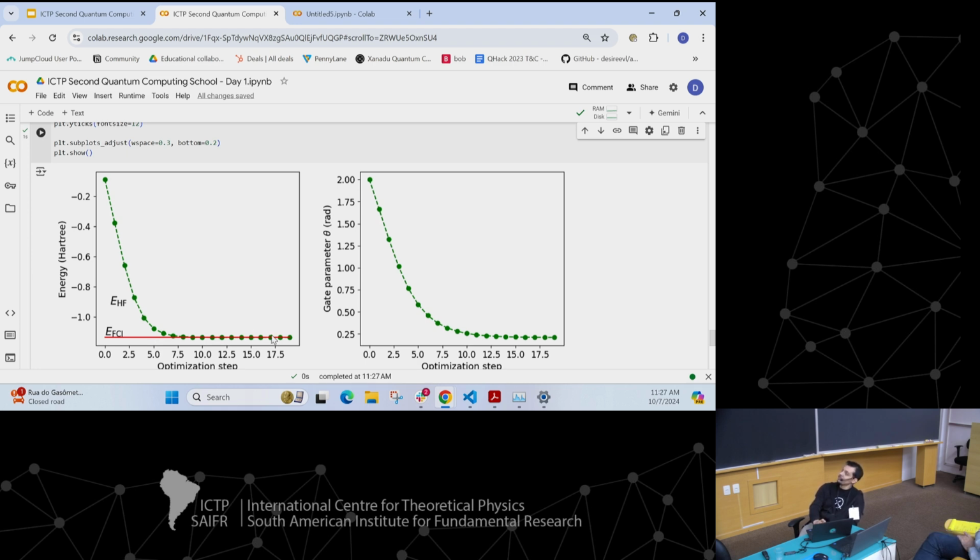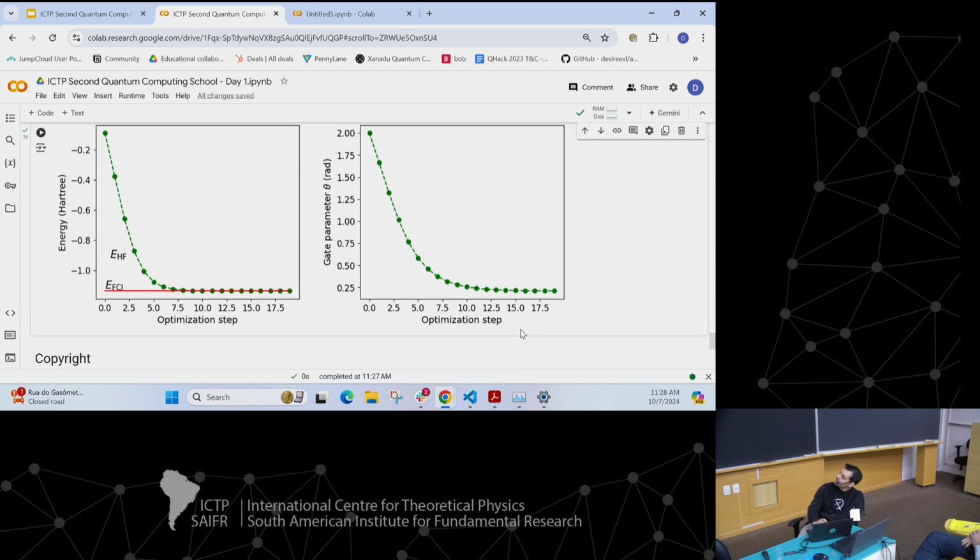And you can see that we reached that full configuration interaction energy within our tolerance after about 18 steps. And then here you can also see that our initial guess was pretty bad for the parameter. We've reduced that significantly to about 0.20. All right, so that's the VQE algorithm.